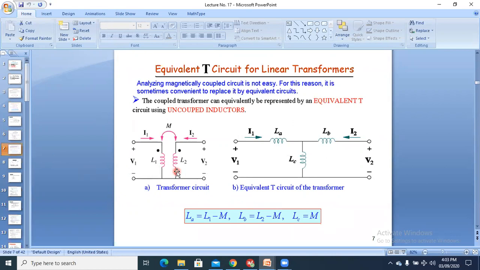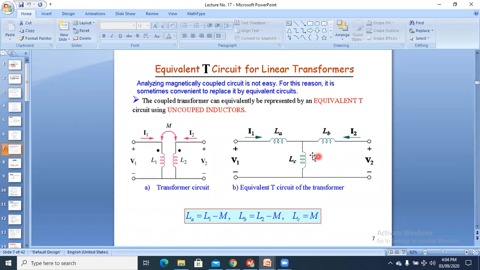Now, we have seen the mutually coupled circuits, and in mutually coupled circuits, we always have a problem solving for the value of mutual inductance first. How can we resolve this problem with a simple T network?